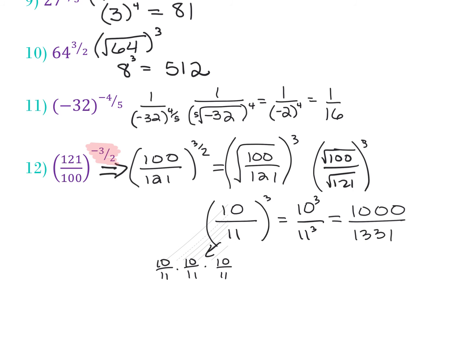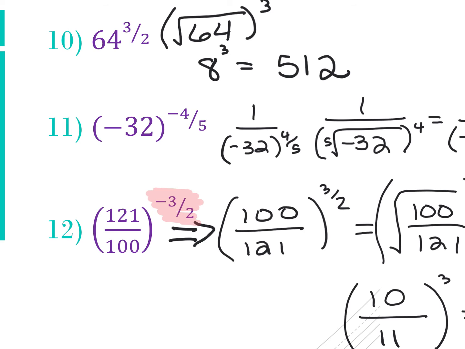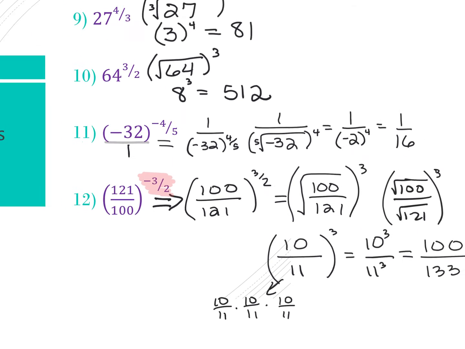The same thing could have happened on this one. I could have put a 1 underneath this one, and then I turned it into its reciprocal, and then I started the process. So whenever you see a negative exponent, think reciprocal, flip it, and then start your rational exponent process.